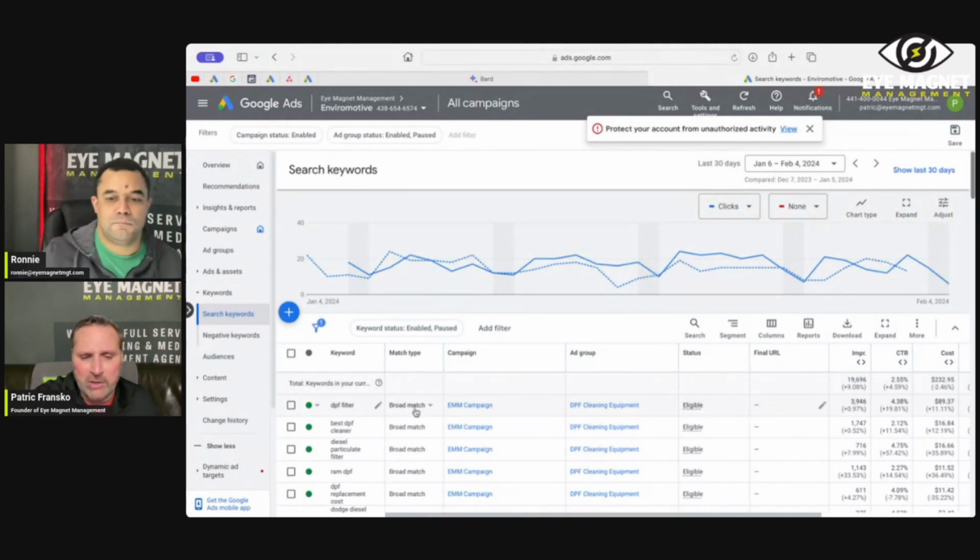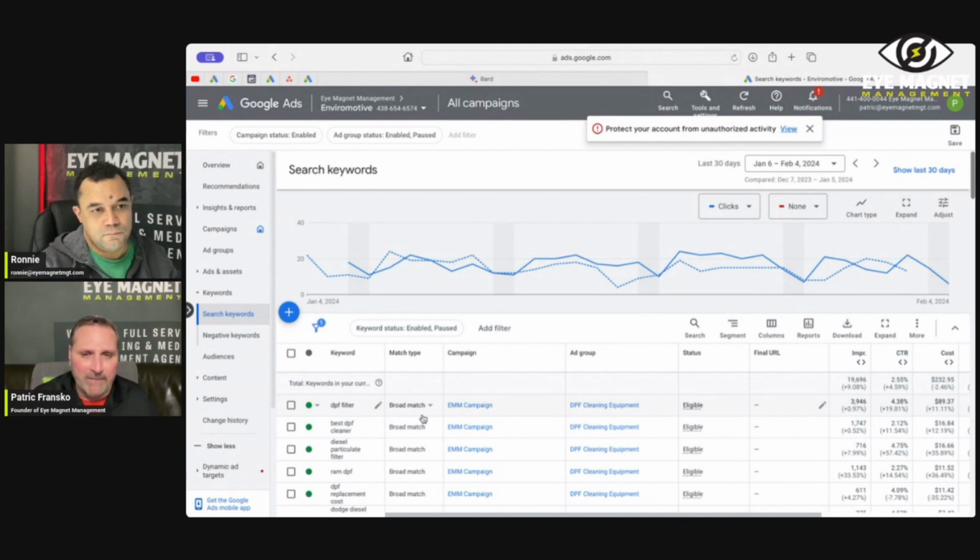So we're using what's called broad match keywords. What that means is anybody that searches for anything that's similar to this, no matter what order the words are in, it's going to try to find some association, and it's going to present your ad for that search.